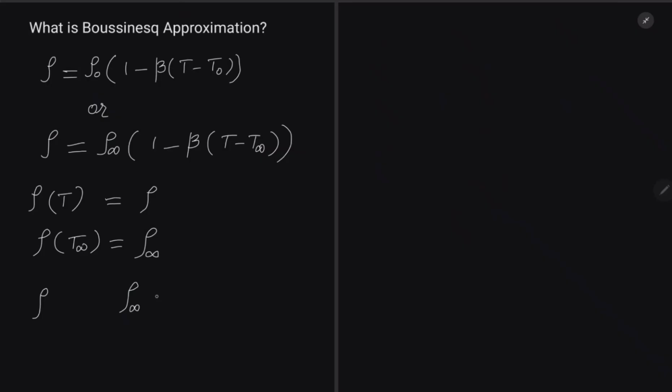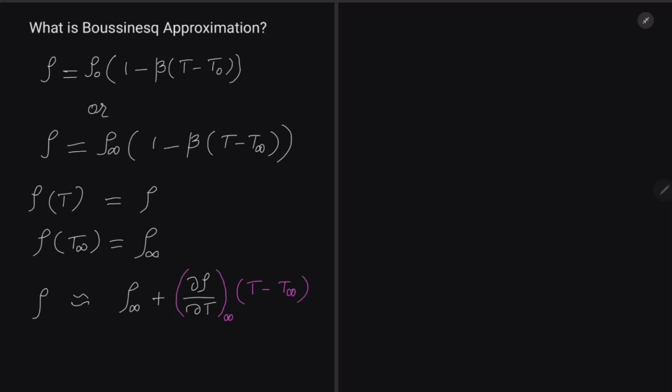The reference density is rho infinity, and that is approximately equal to, plus, how the density changes with respect to temperature. So we have partial rho by partial T, and since we know all the things at infinity, this derivative will be evaluated at infinity, times T minus T infinity. This is your independent variable over here.